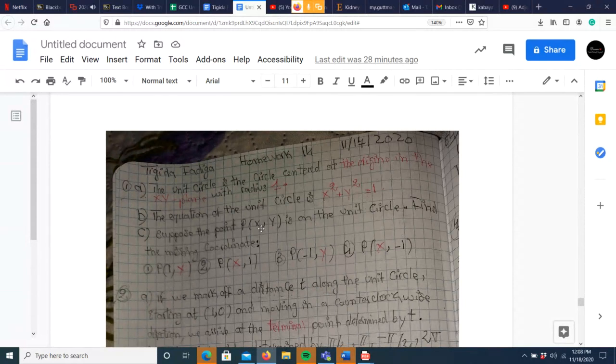So number 1, they give us P and the x coordinate. Now we need to find the y, so I put y over there. For number 2, it's blank comma 1, so it's x comma 1. Number 3 is P when it's -1 comma y. And number 4, the last one, P is x comma -1.